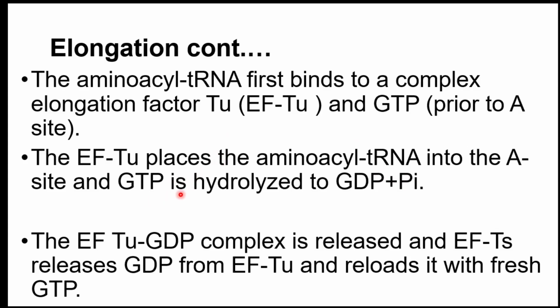Okay, so now it has been placed into the acceptor site. So we see that now the elongation factor TU, when it combines with GTP, this complex is released, and an elongation factor TS releases GDP from elongation factor TU, and reloads it with a fresh GTP.